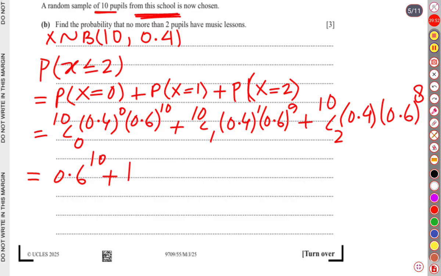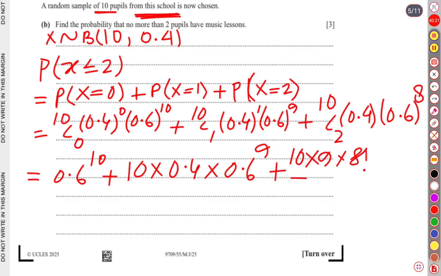You can do this using a calculator, but manually, 10 choose 1 means actually 10, because if you choose 1 out of 10, you can choose in 10 ways. 10 into 0.4 into 0.6 raised to 9, plus 10 factorial, that is 10 into 9 into 8 factorial over 2 into 8 factorial.